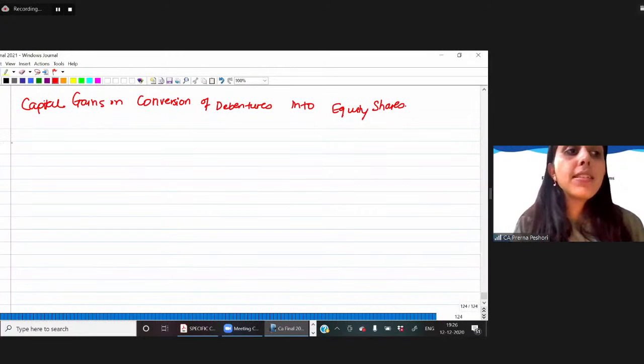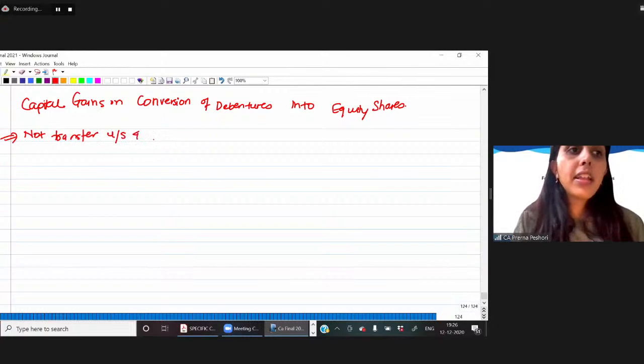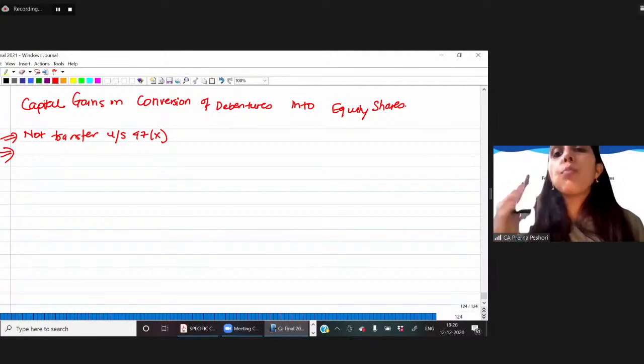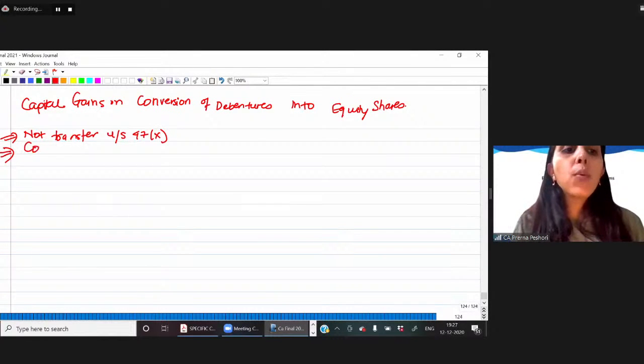Therefore this will not be regarded as a transfer under section 47(10). So conversion of debentures into equity shares is not considered a transfer under section 47(10). When the equity shares are sold, what will be the cost of acquisition?